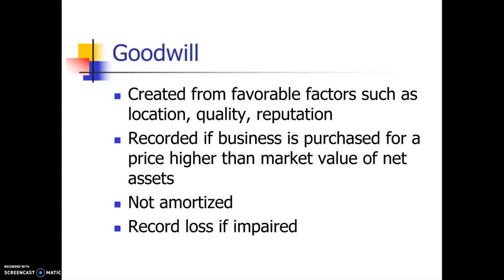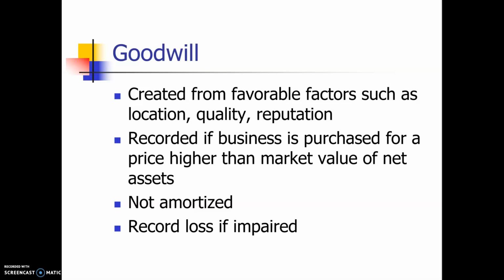That's why you're willing to pay more for the established business than you would if you bought all of its assets individually. So you will record an intangible asset called goodwill for the difference between the purchase price and the assets that you've acquired. And this would also be tested for impairment.